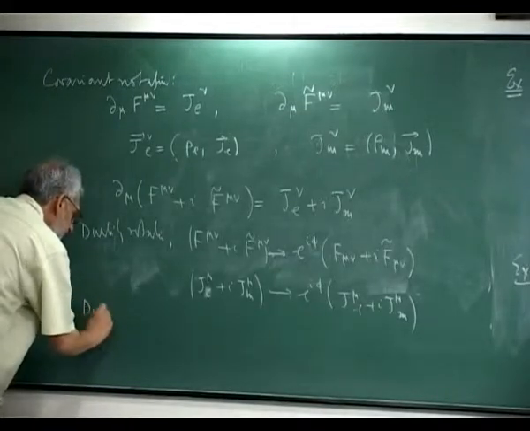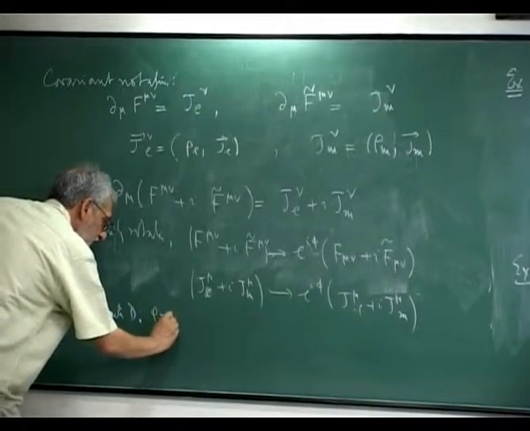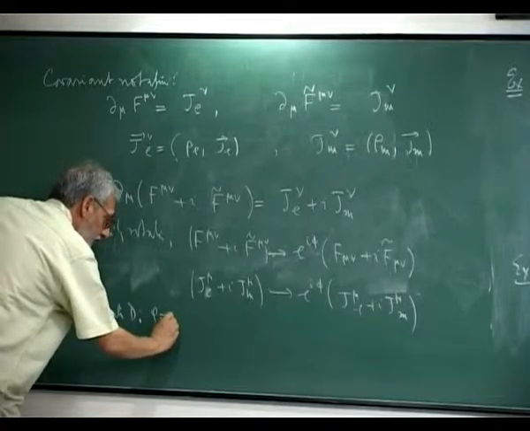And discrete duality, let me just go back to discrete duality, was φ equal to minus π/2.